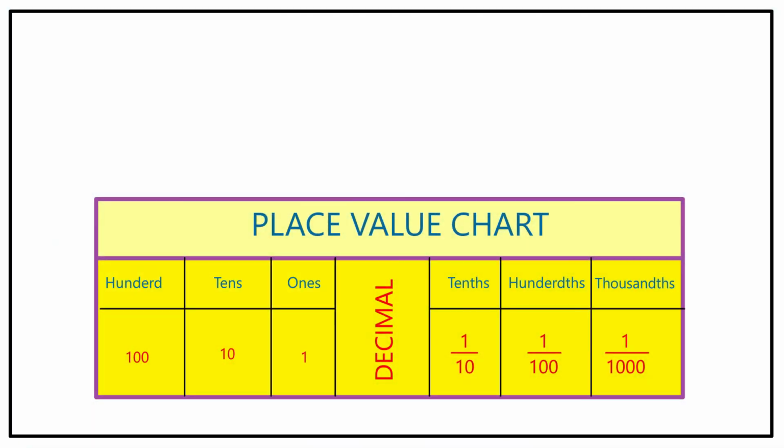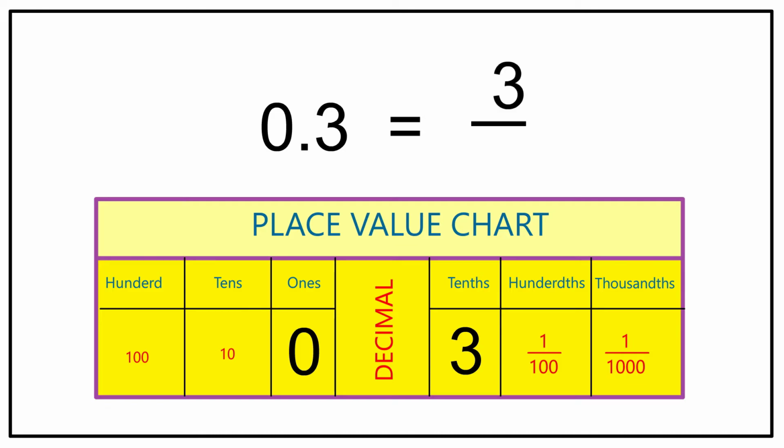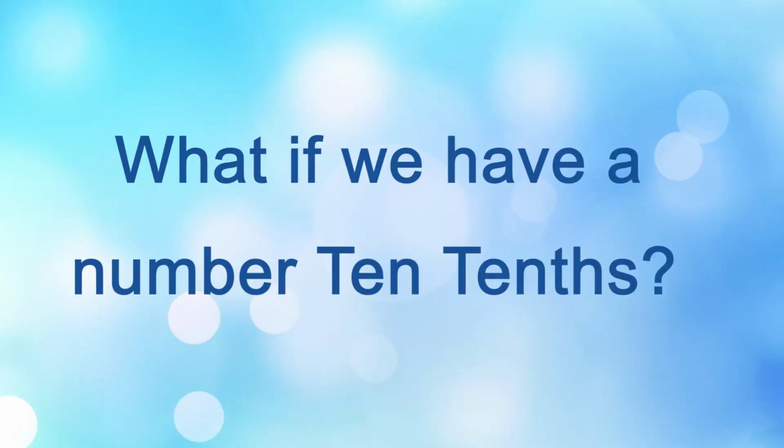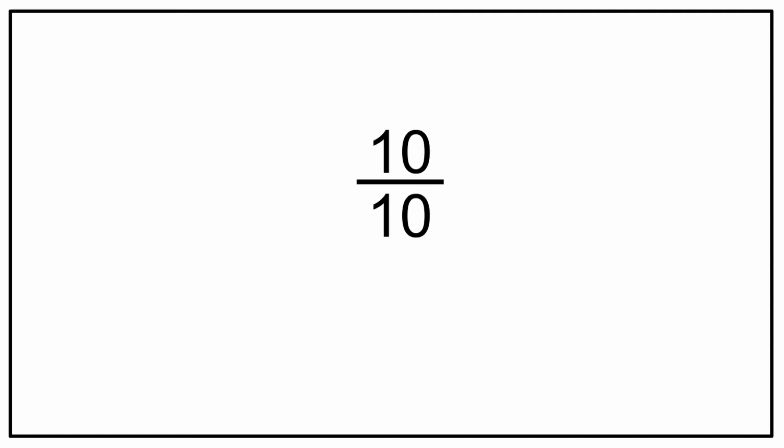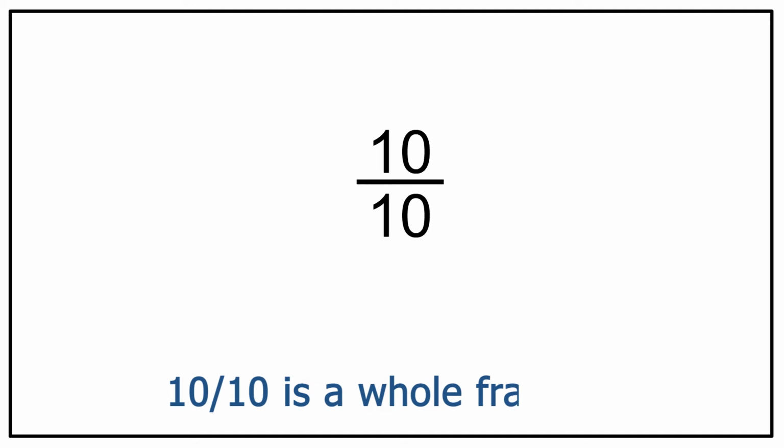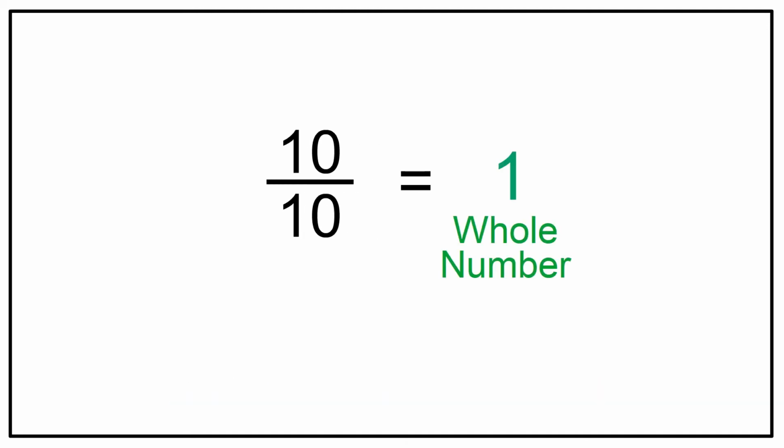If you have 0.3 in decimals and you want to convert this into fractions, this will be placed in the first column after the decimal point, and in fractions it will be 3/10. What if I have a number, say 10 tenths? So 10 tenths is actually 10/10 and this becomes a whole, so this is the whole number 1.